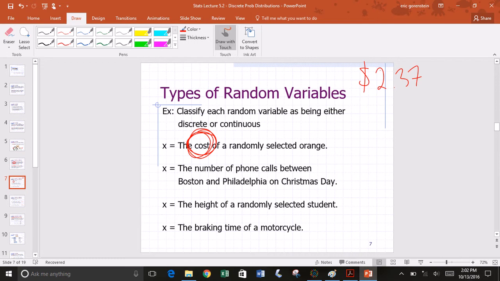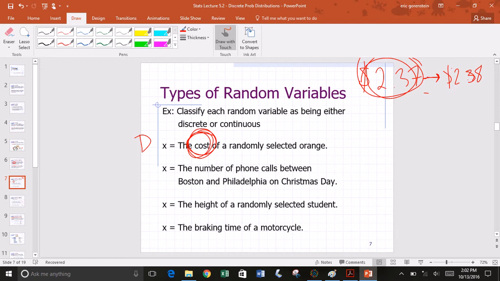It makes sense to ask the question, what is the next possible cost after $2.37? We're working in increments of 1 penny. So the next possible cost after $2.37 would be $2.38. So this is a discrete random variable because given any one value or one outcome, there's a well-defined next possible value.